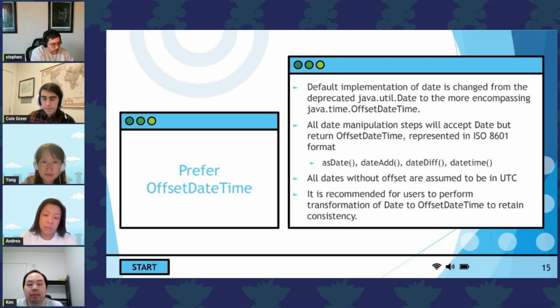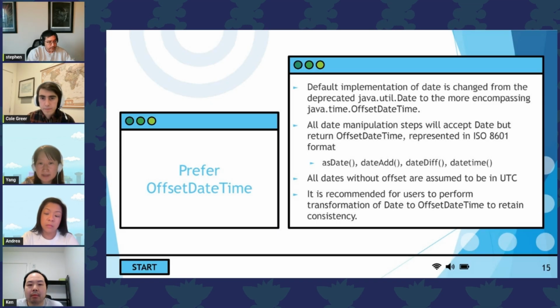For example, for date, the default implementation has changed from the deprecated util date to the more encompassing offset datetime. All of our date manipulation steps will still accept date for backwards compatibility, but they will return offset datetime.